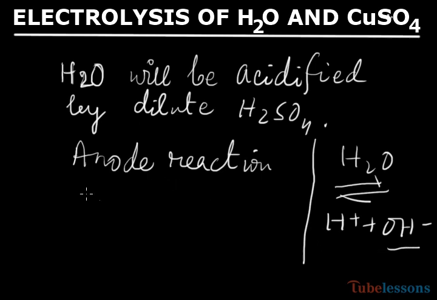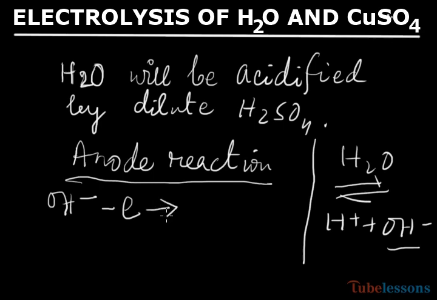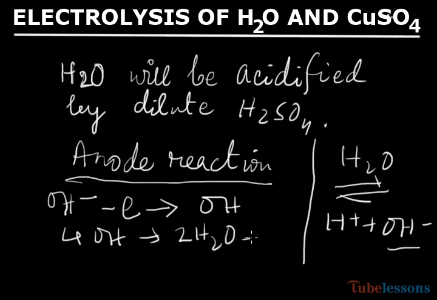In the anode reaction, each OH- ion gives up 1 electron to form OH, and 4 OH combine to form 2 molecules of water plus oxygen.